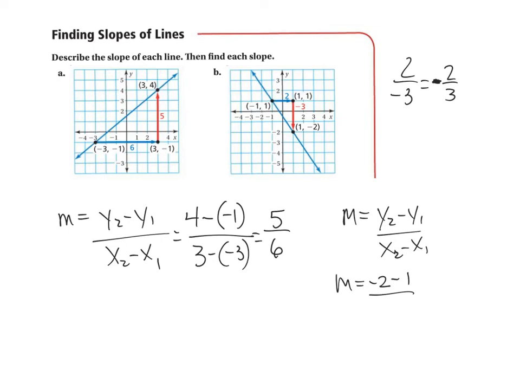So -2 minus the 1, and the 1 is not this one, it's this one. And then 1 minus a -1. So 1 minus -1, which is the same thing as 1 plus 1. So we end up with -3 over 2.